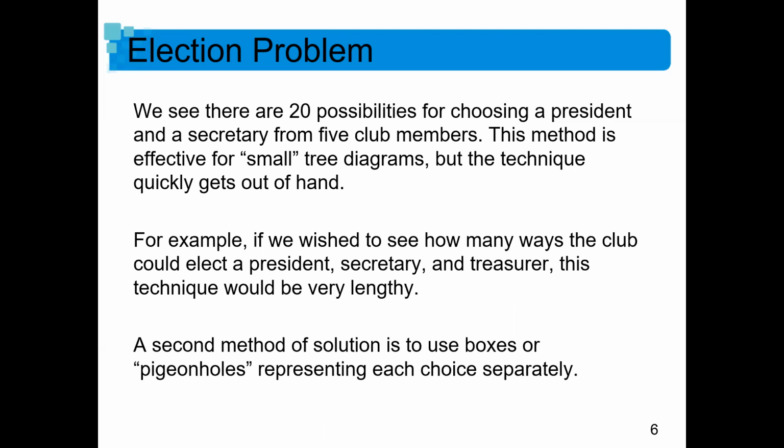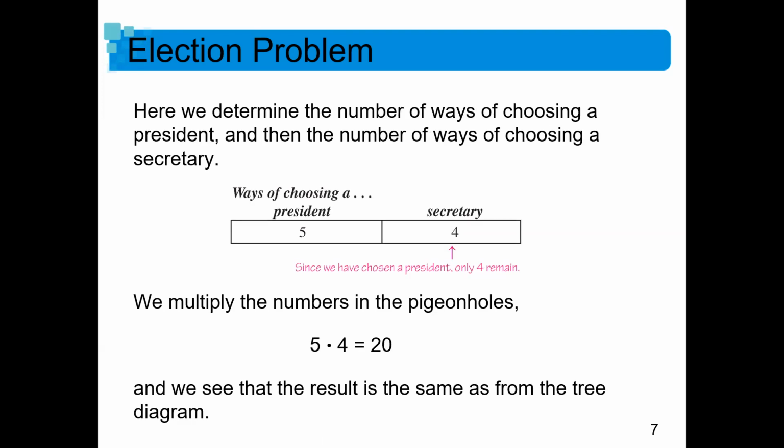A second method of solution is to use boxes or pigeonholes representing each choice separately. Here we determine the number of ways of choosing a president and then the number of ways of choosing a secretary. So in the first pigeonhole, we write the number 5 because there are 5 ways of choosing a president.